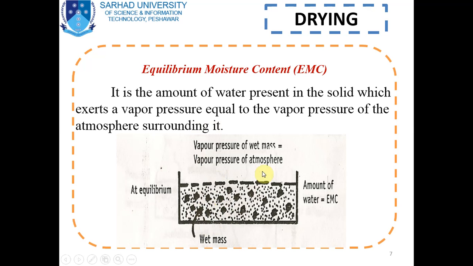If the vapor pressure of the wet mass or the wet solid becomes equal to the vapor pressure surrounding this wet solid or wet mass, then in this case it is termed as equilibrium moisture content.